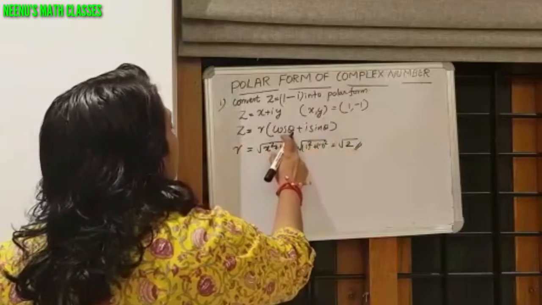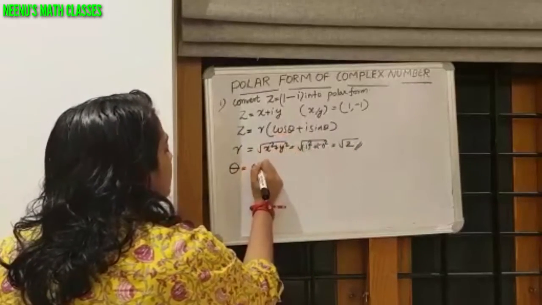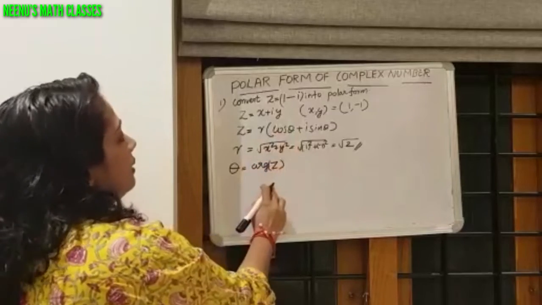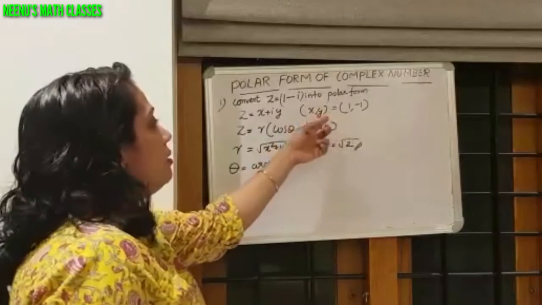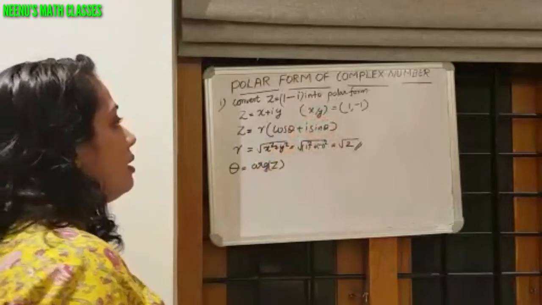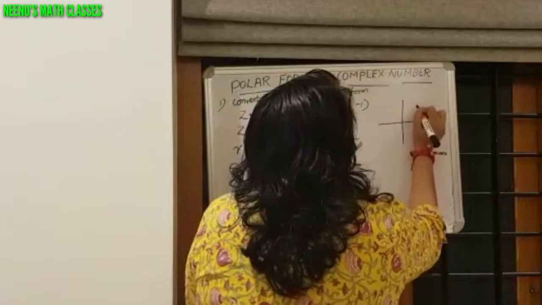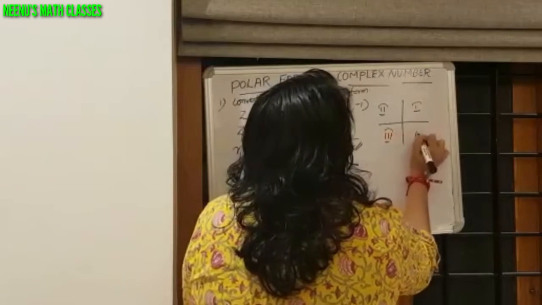Now we want to find the value of theta. Theta is equal to arg z, the argument of z. So first we want to know in which quadrant this coordinate lies: first quadrant, second, third and fourth.